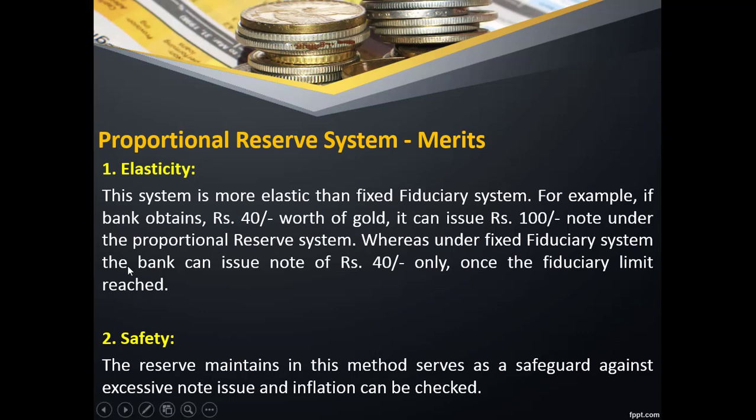Whereas under fixed fiduciary, the bank can issue notes of rupees 40 only if you have a reserve of 40. Safety: the reserve maintained in this method serves as a safeguard against excessive note issue, and inflation can be checked. Like if you are issuing more notes, then your proportion of reserve will automatically be raised. You need to keep more gold.